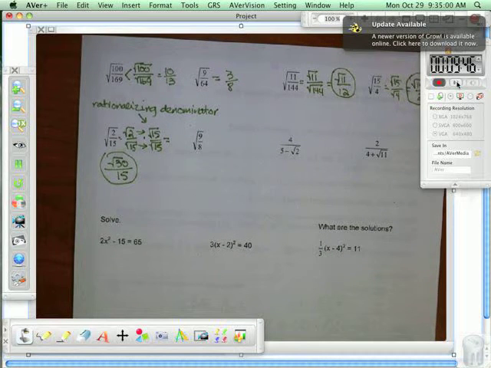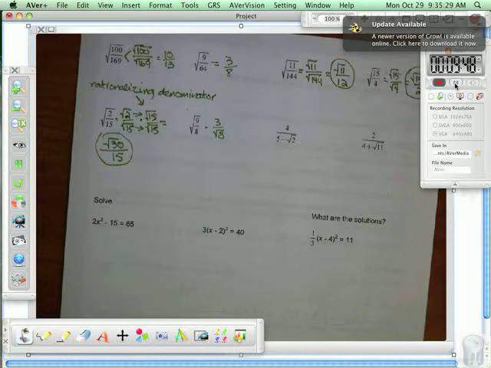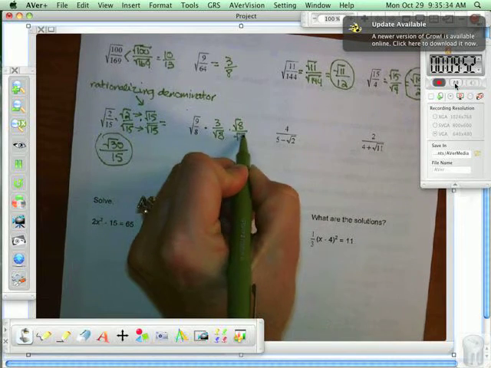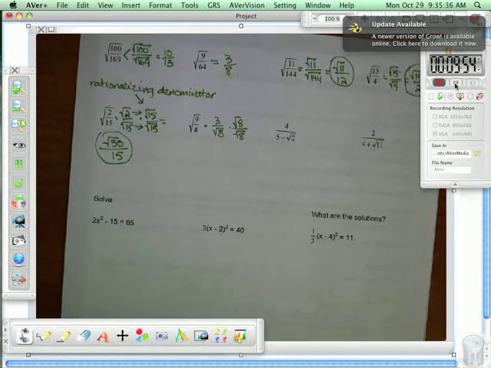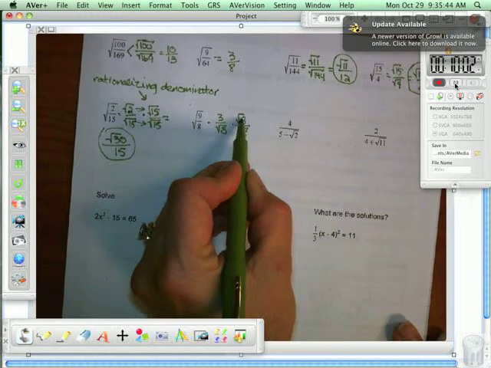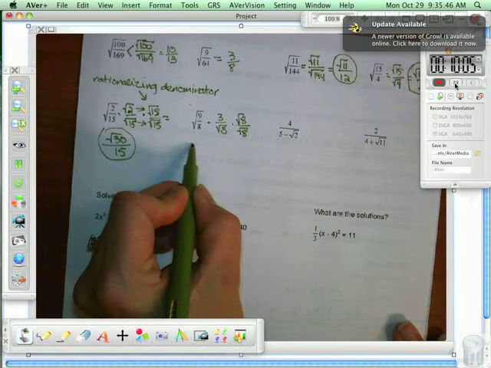Yeah, multiply by the square root of 8 over the square root of 8. Okay. Now I'm going to write this. I'm going to skip a step, but I know in my head that this can be divided by 4, so I'm going to write it like this in the numerator.